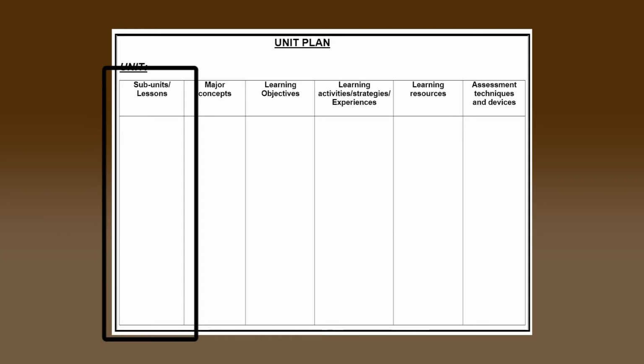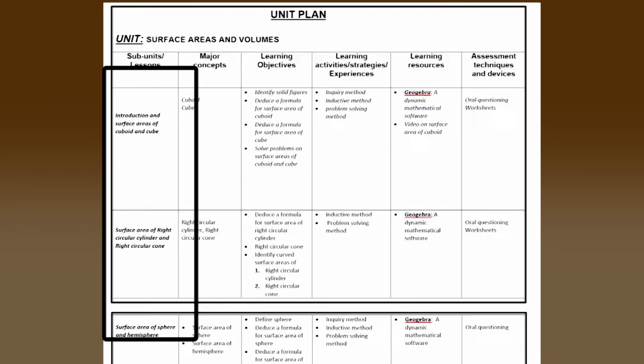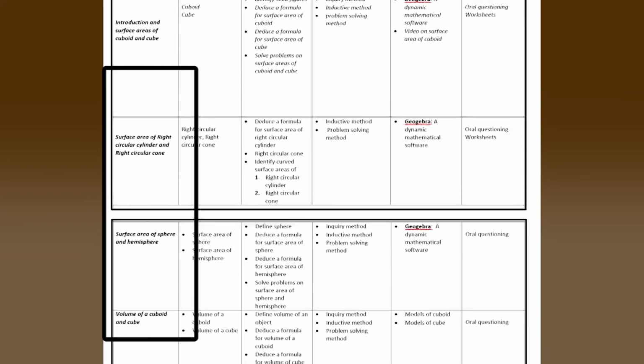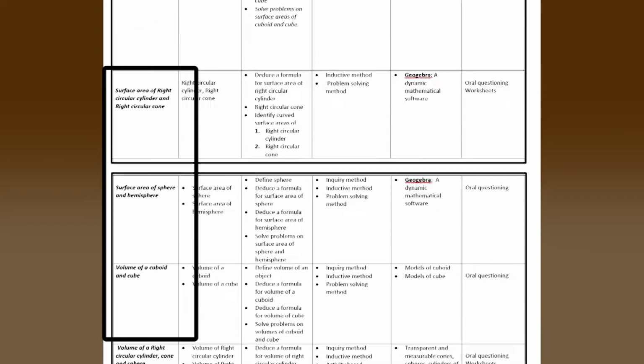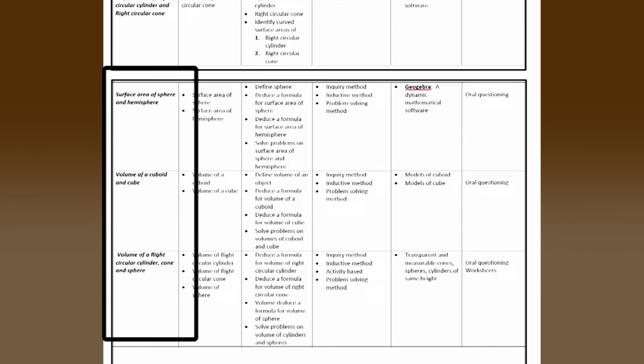In the first column on the screen, the subunits or the lessons have been divided into 5 subunits. So, it indicates that the teacher intends to carry out this unit of surface area and volume in 5 lessons. So, that means in 5 periods.